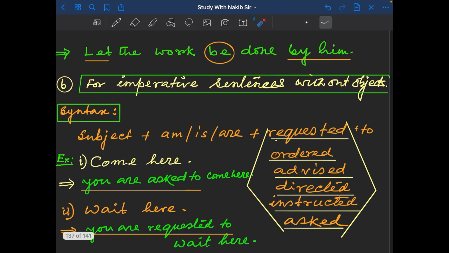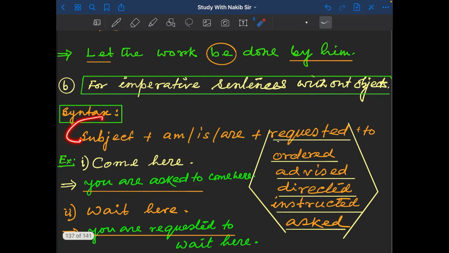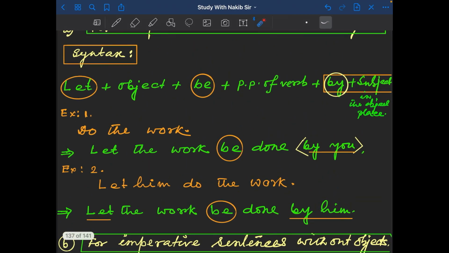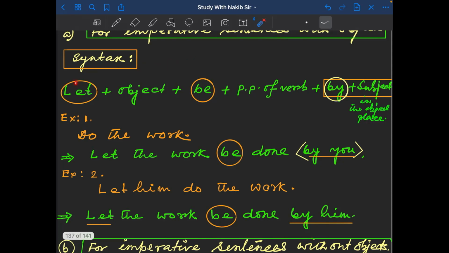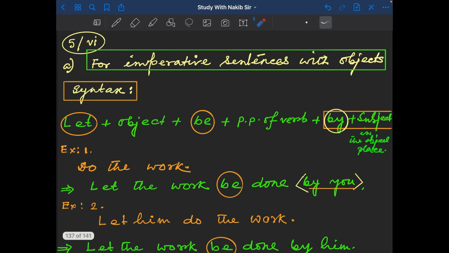Remember this, I am repeatedly telling you, if the imperative sentence has any object, use the first syntax, the syntax that begins with let.